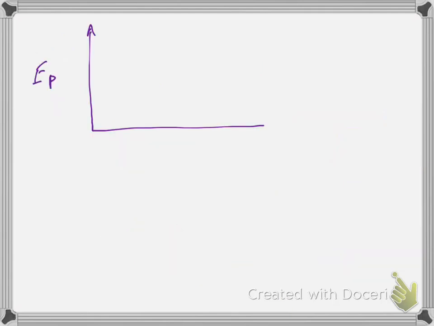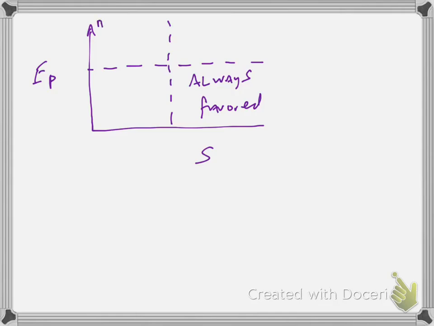Now here's a review on PEC diagrams or energy versus S curves. Just keep in mind there are 4 quadrants. There's the always favored, meaning it doesn't matter at what temperature the reaction is run, it will always be product favored. Then the top right, the species that's there, means that it is never favored.